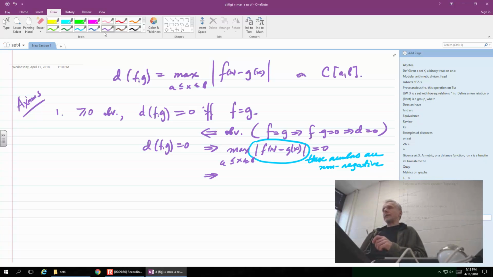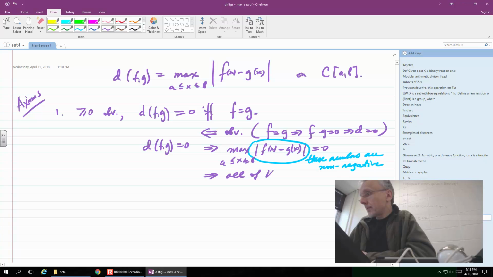Well, they are greater than or equal to 0, but then you take their maximum, and it is 0. That's what we're saying here. There can be only one case. All of these numbers are 0. So in other words, f(x) minus g(x) is equal to 0 for each x, and that by definition means f is equal to g.